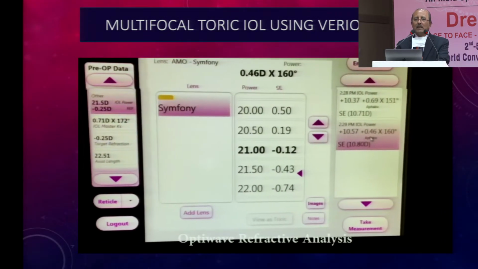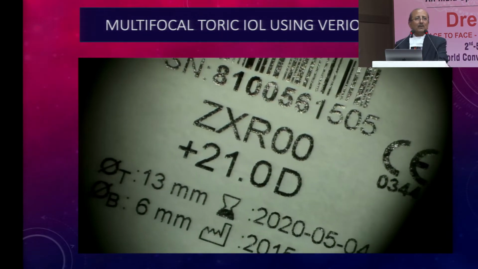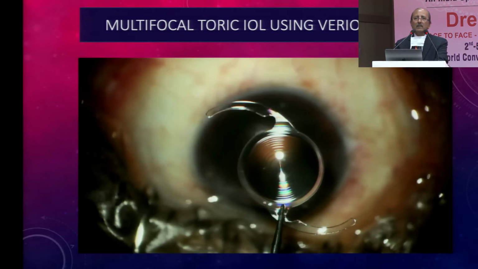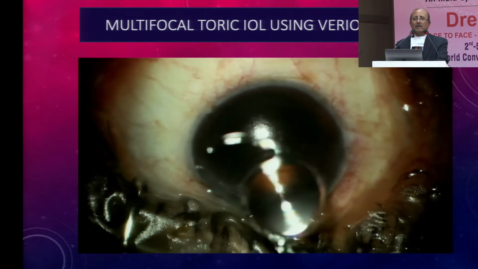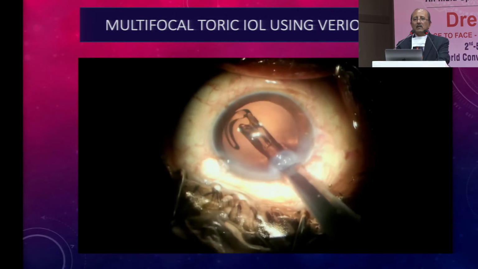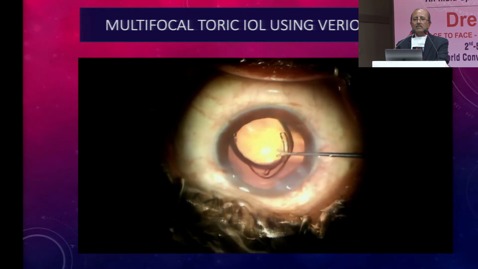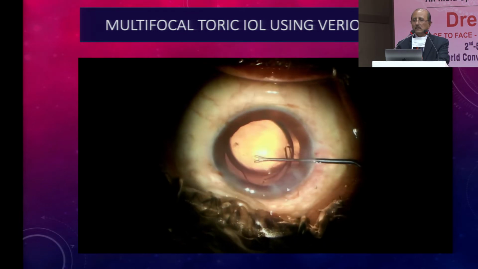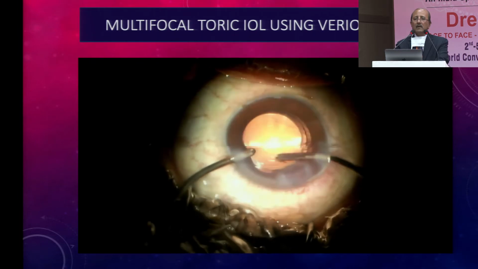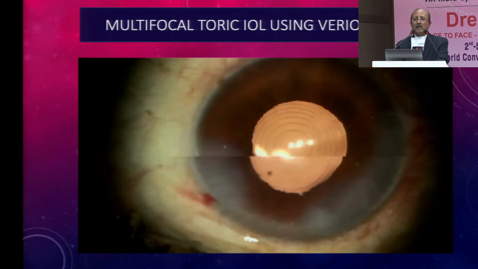It shows that okay, you have to use 21, or plus minus, that you have to decide from your own side, that it should be first plus or just closest to emmetropia. At that point of time this Symphony IOL was used, and this is a Symphony toric IOL. And after that we will see whether alignment is fine or not.